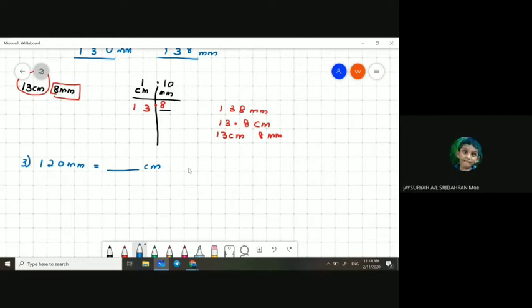Because 1 centimeter is equal to 10 millimeter. When we divide by 10, 100, 1000, teacher taught you to cut and move the decimal point, right? Which method do you want, long division or the decimal method?